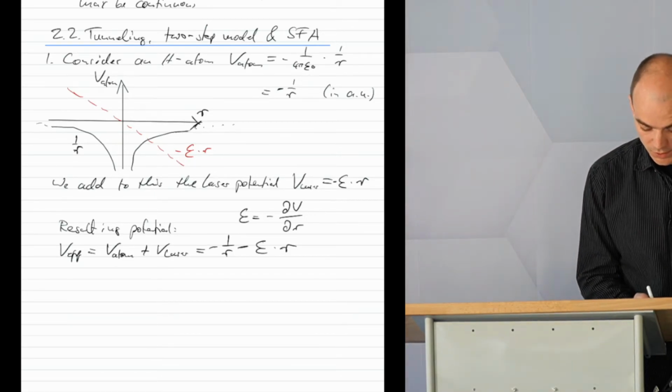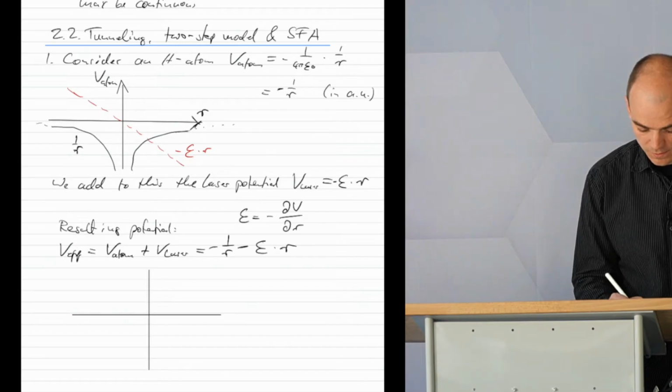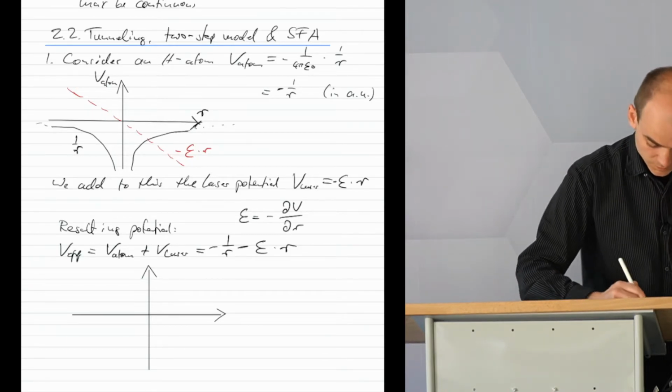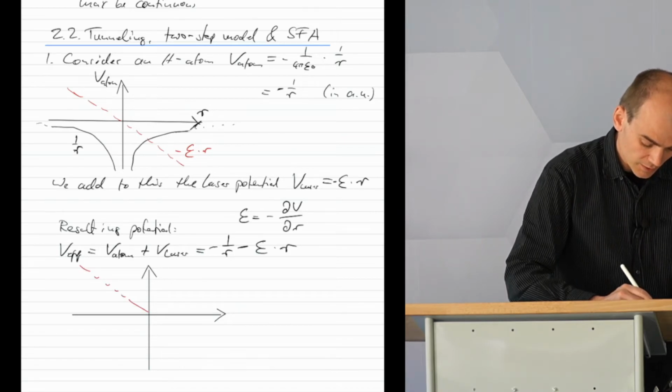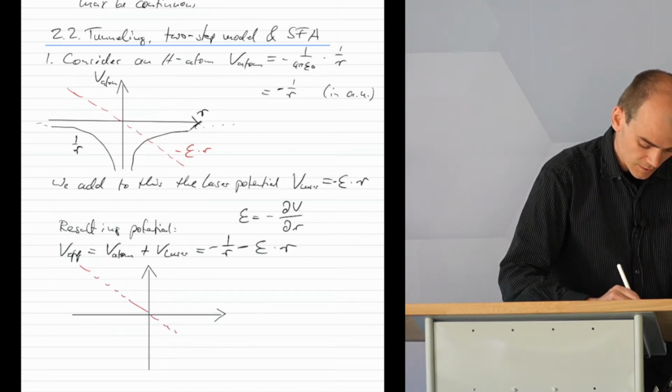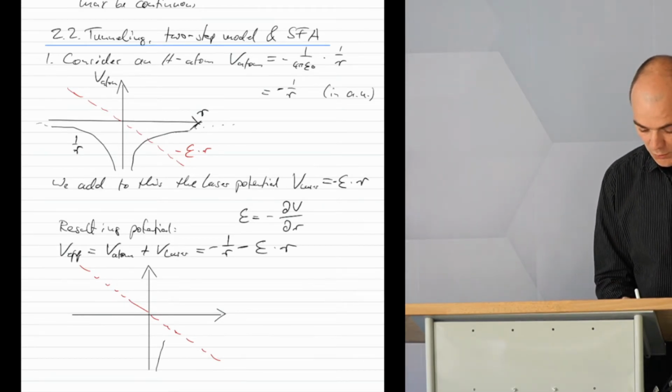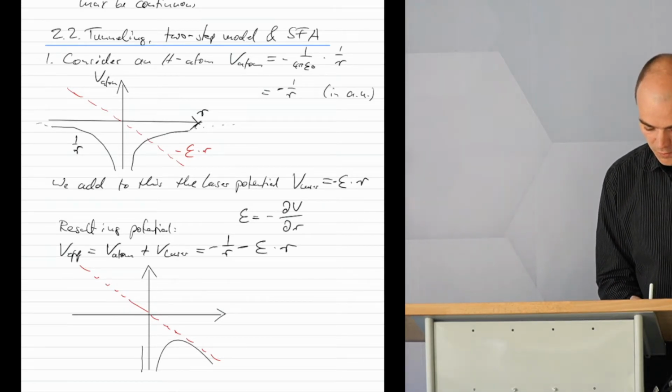And it looks like this. For orientation, I draw the laser potential here again, and then the sum of the two looks like this.